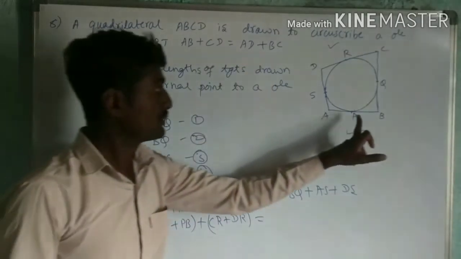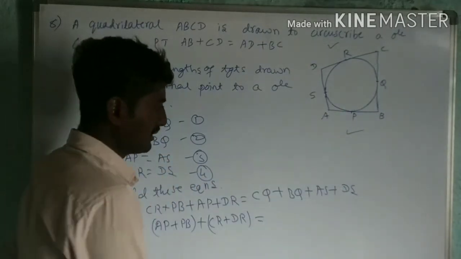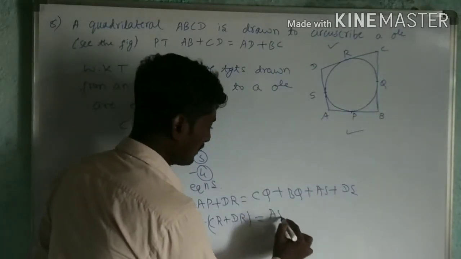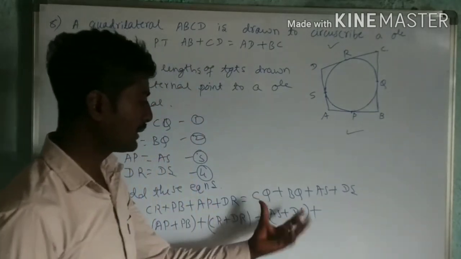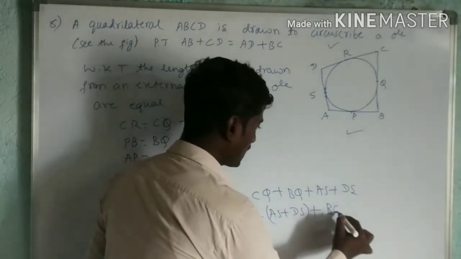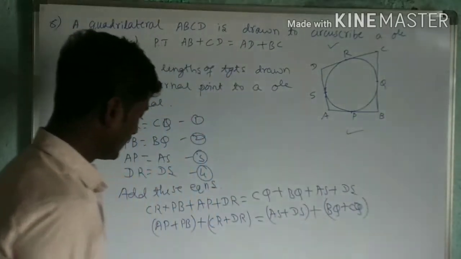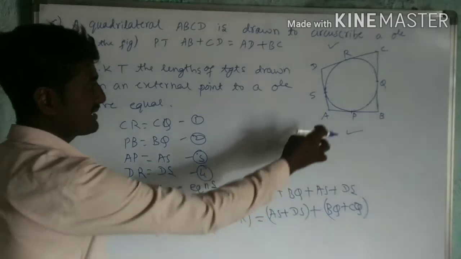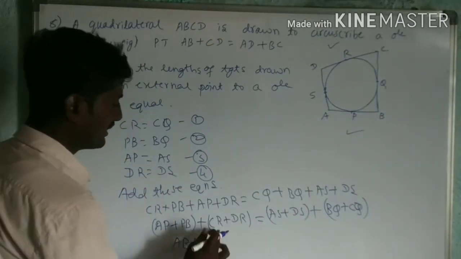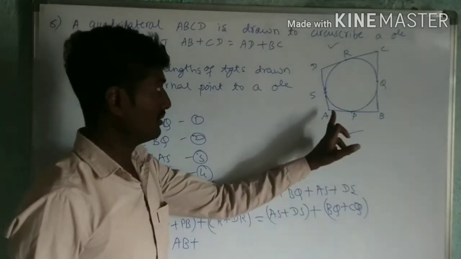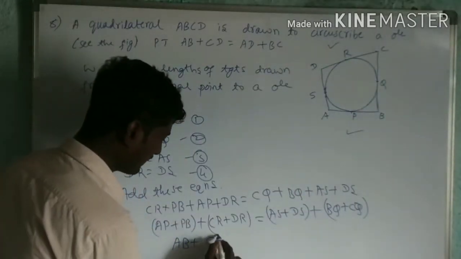This is equal to, on the right side, what I want: AD. AD is nothing but DS plus AS, plus the remaining two, BQ plus CQ. Now AP plus PB I can write as AB, and CR plus DR can be written as CD.